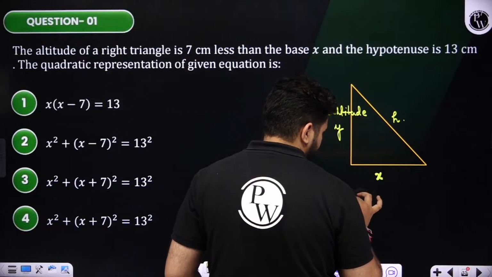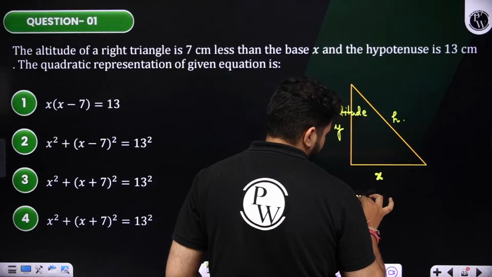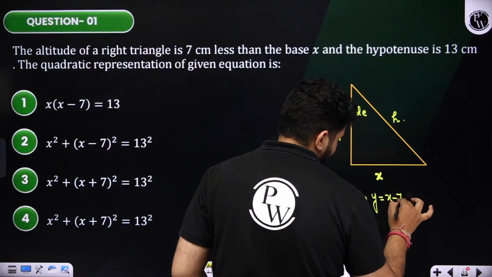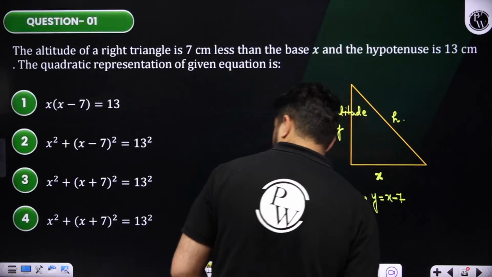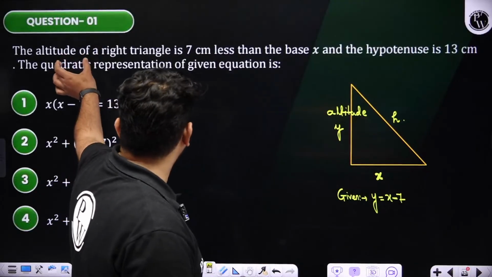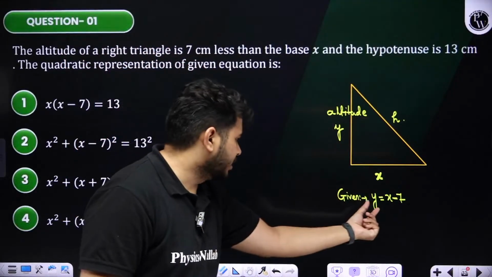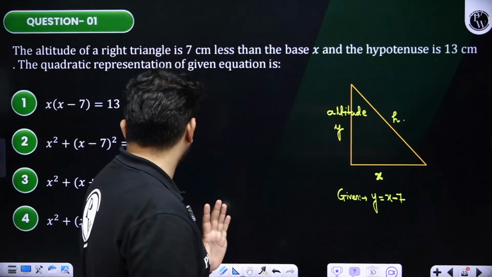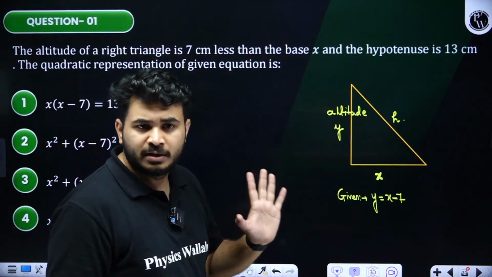According to the given, the altitude is 7 centimeters less than the base, so it is x minus 7.